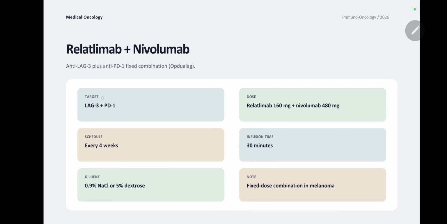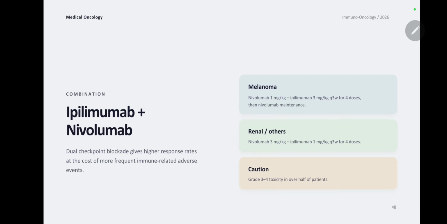One important LAG3 inhibitor is relatlimab, used with nivolumab in the treatment of melanoma, at 160 mg with nivolumab 480 mg. Okay. And the ipilimumab and nivolumab combination is also used in melanoma.